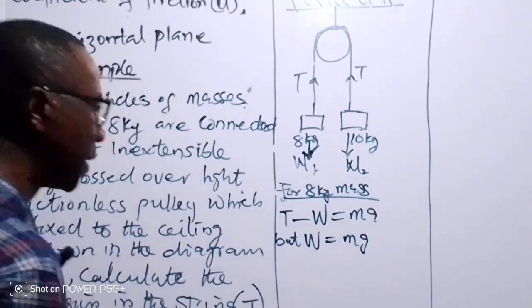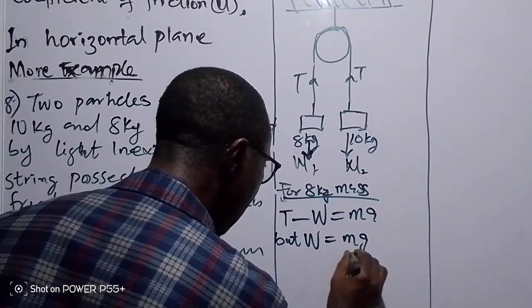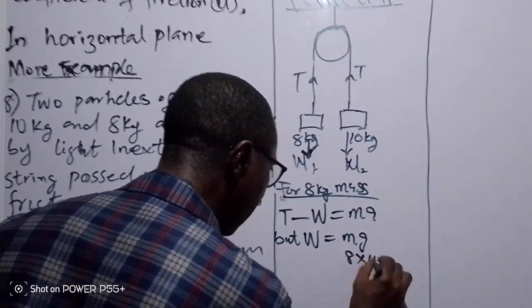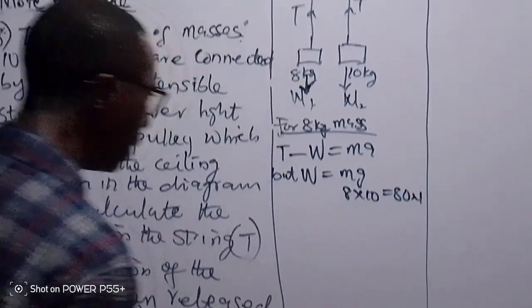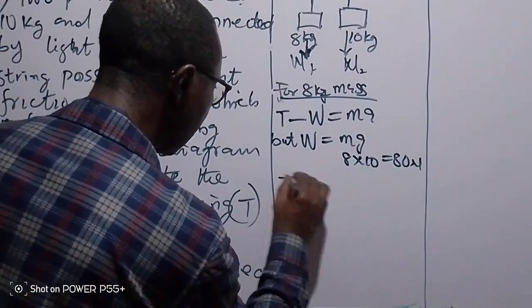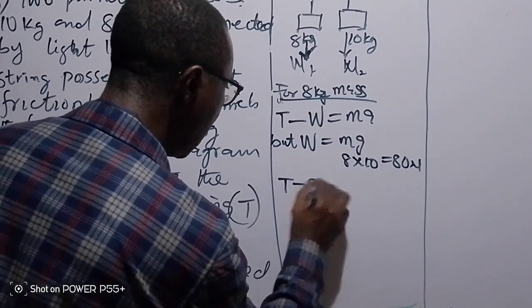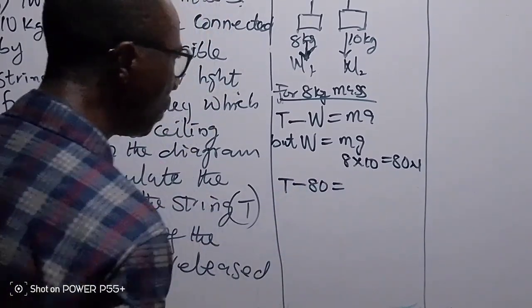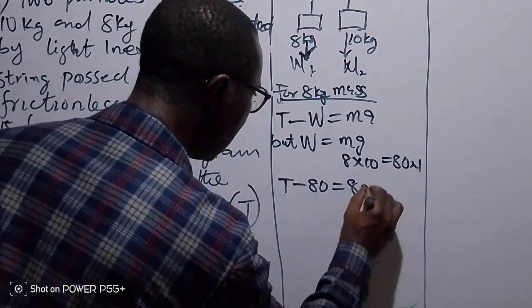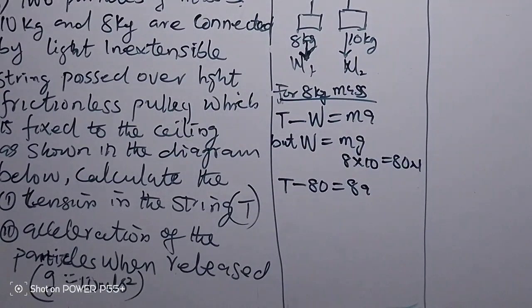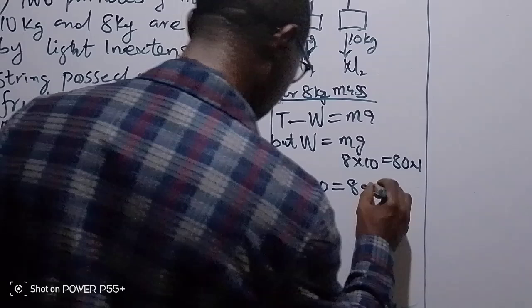And m on this side is 8, so that's 8 multiplied by 10, which is 80 Newton. So we are going to have T minus 80 is equal to m, which is 8, that is 8a. Call this one equation 1.